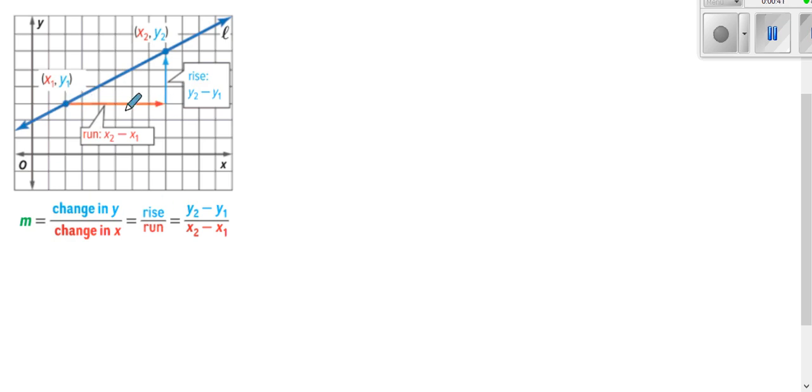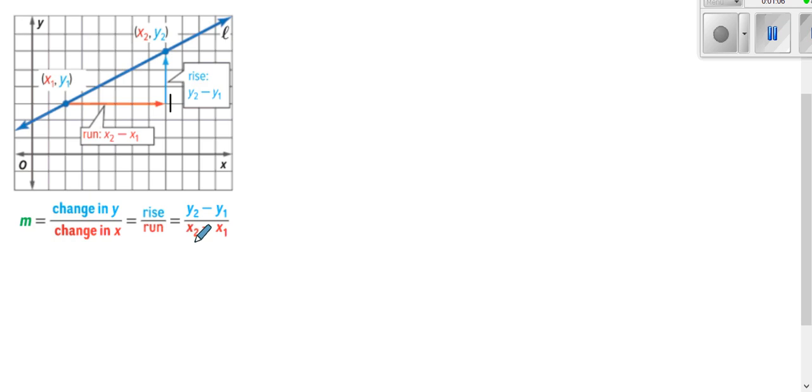The run, the change in x, and the rise, the change in y, is what goes right there, okay? And so we're talking about how this line is, well, sloped, right? What's the slant of this line? The rise and the run tell us some things about how that line is sloped, okay?